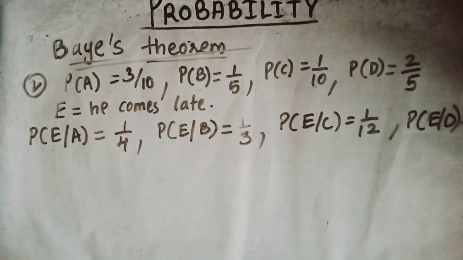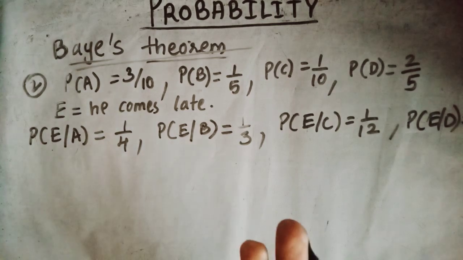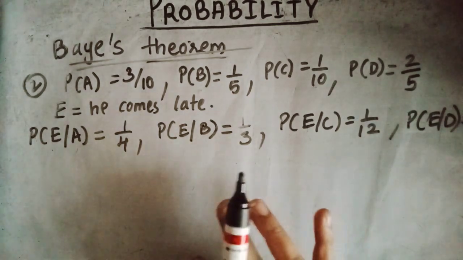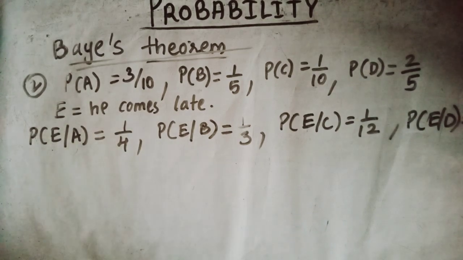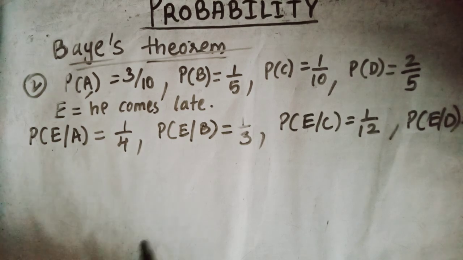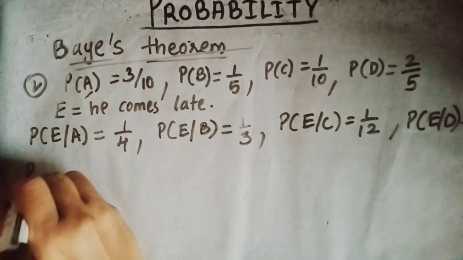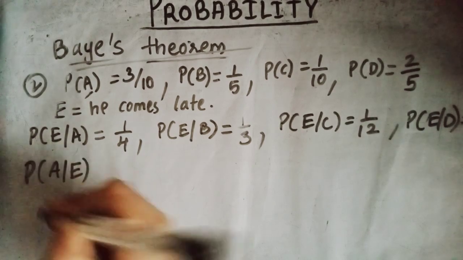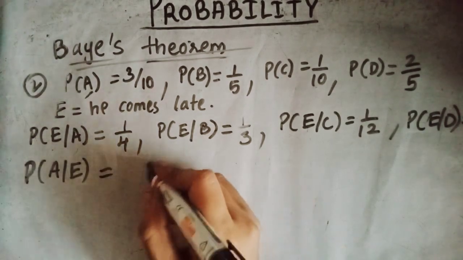Now we have to see what to find. When he arrives, he is late. What is the probability that he comes by train? So he is late and you have to find the probability that he comes by train. Train means A. So the probability to find will be A over E. Let's write the formula.